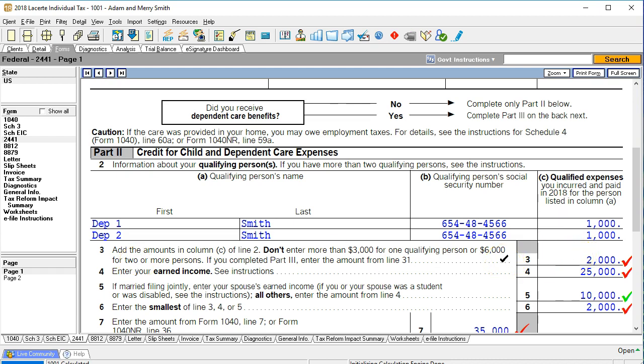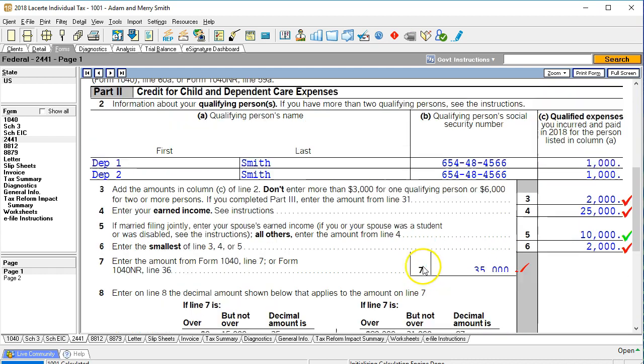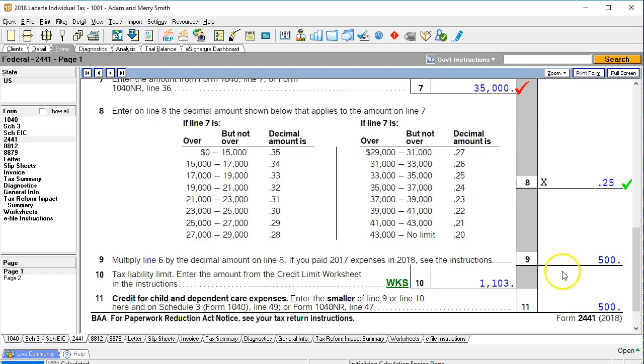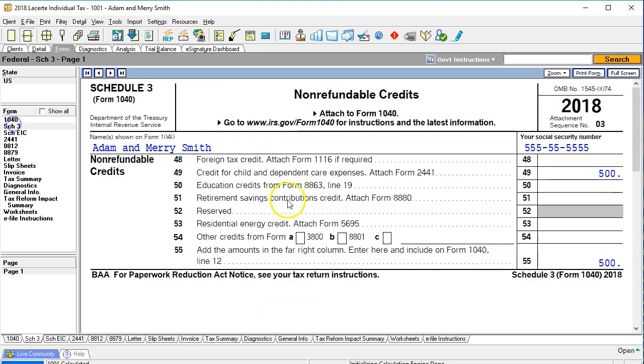It's the lower of how much we paid, or up to 6,000 for 2 children, 3,000 for 1. We've got the 25,000 and the 10,000 for the earned income, and then we're limited to, of course, the 2,000, which of course is the amount we paid this time. And if we take that times the 25%, we get the 500. That being lower than the liability, the 500 is what we would then pull over to Schedule 3.